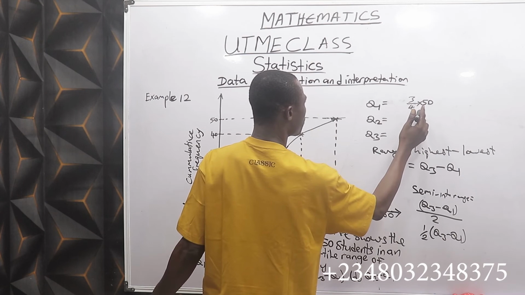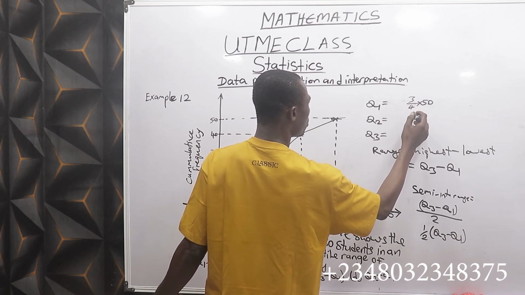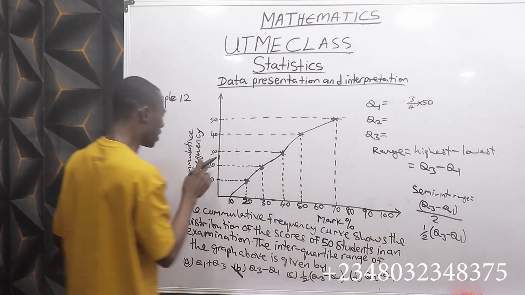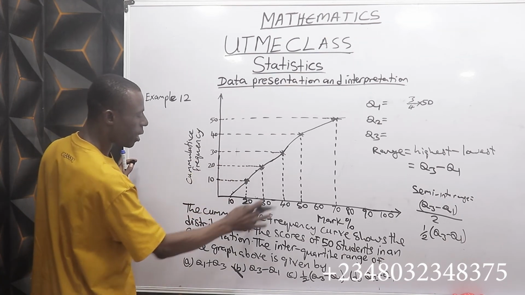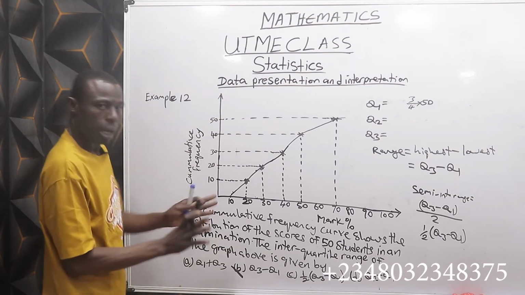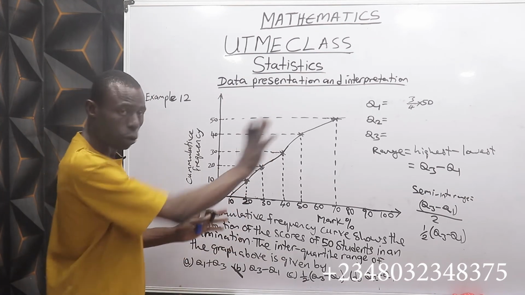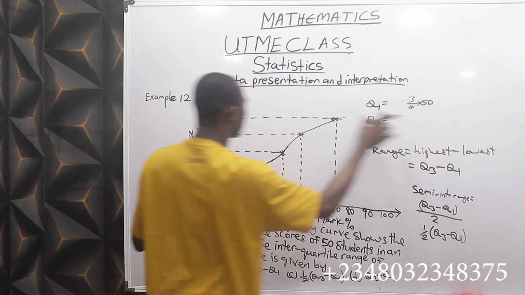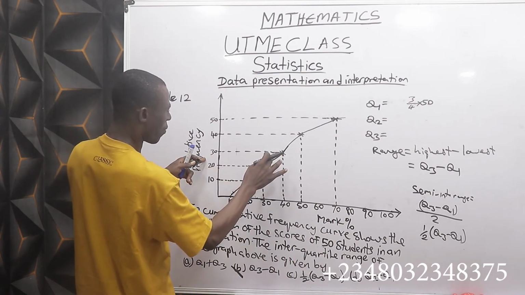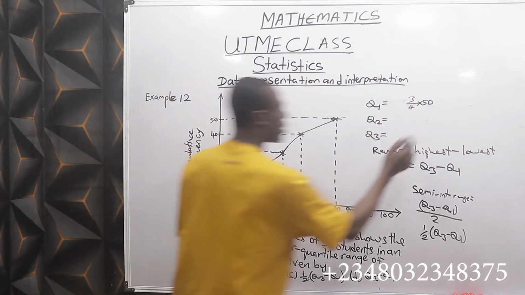Whatever this gives you as a value, you trace it from this graph. Let's say you get 30. I'm just taking something; I'm not doing it, I'm just explaining to you.